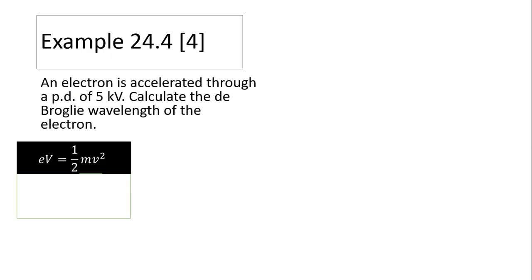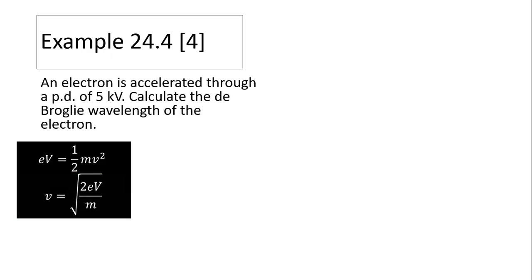Okay, got the answer? Find the speed first. Then after that, use the de Broglie equation to find your wavelength.